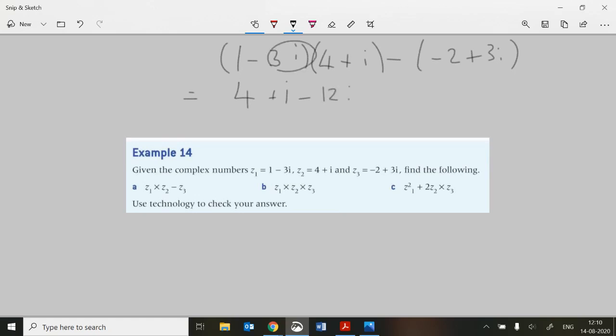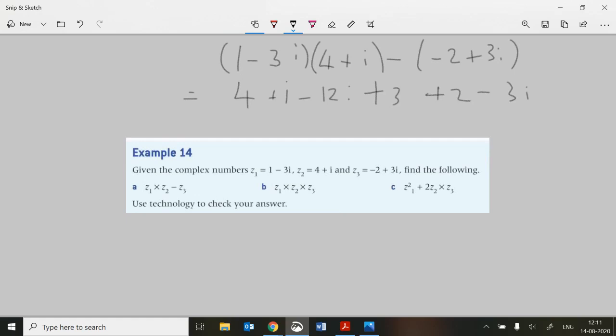And then we've got 3i times i gives us -3, and the minus there is going to bring that back to +3. Because of course, -3 times +1 gives us -3, but then we need to change the sign because there's an i times an i. And then at the end we've got minus, and obviously -2 is +2, and then we've got -3i there.